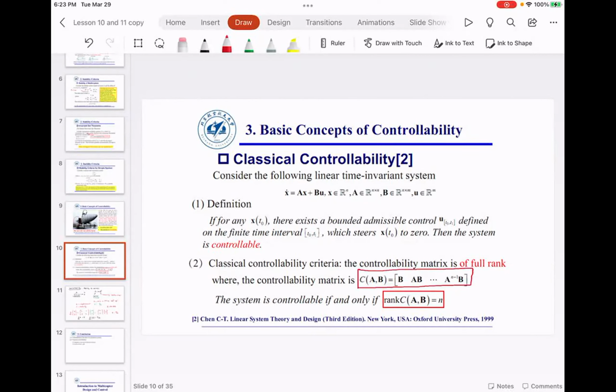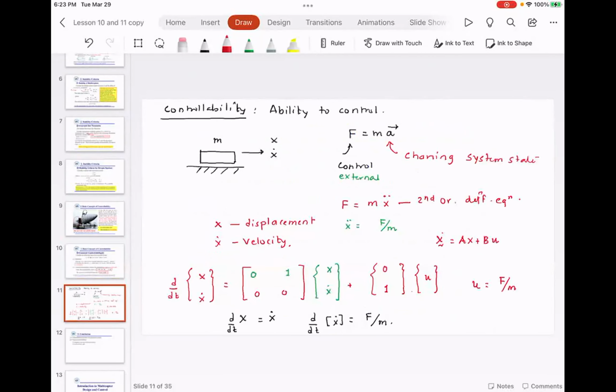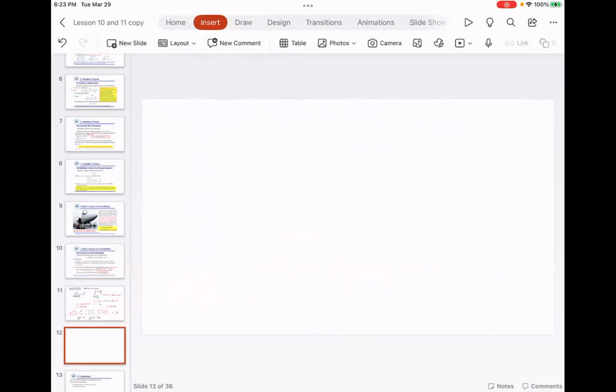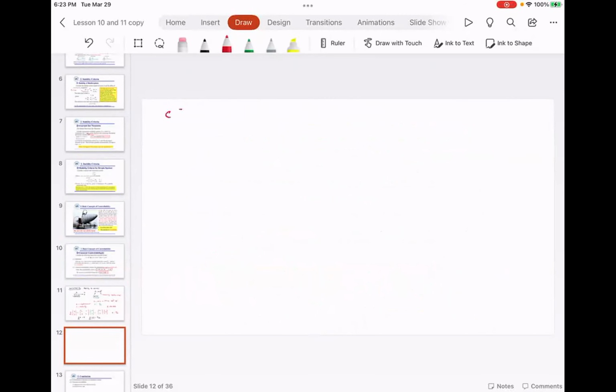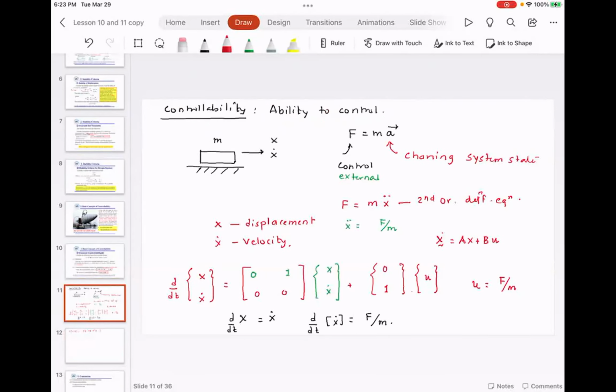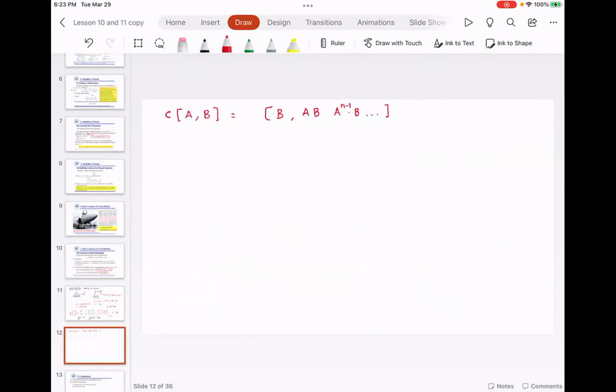In our case, the controllability matrix is given as B, AB, up to A to the n minus 1 times B. The number of states here is n equal to 2. So I will have B, then AB.